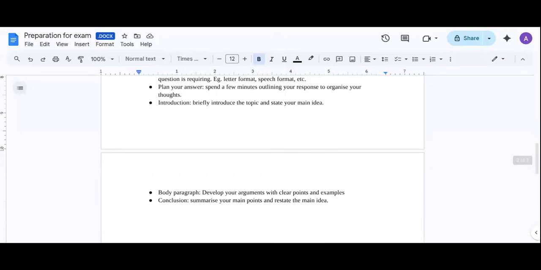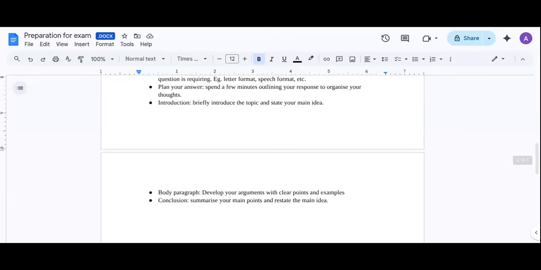Then you have the body paragraph, in which you develop your arguments with clear points and examples. In the body of your essay, just as if you were doing English, you can indent to show each point that they are asking.